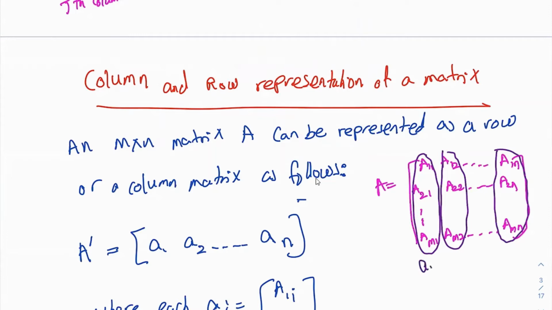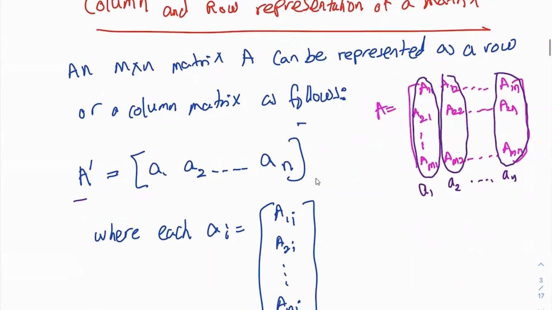So I call this one A1, this one A2, this one An. So here in A prime, each of these Ai refers to the ith column of matrix A.